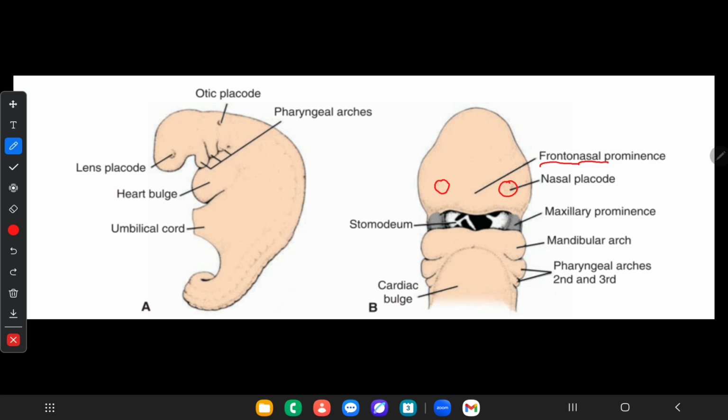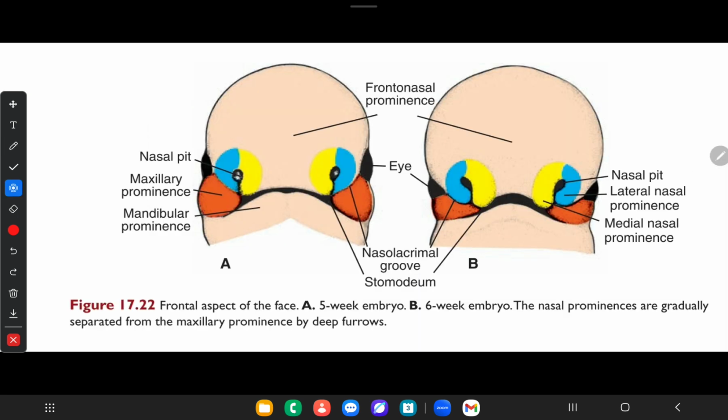Then, during the fifth week, nasal placodes invaginate to form nasal pits. So, these are the nasal pits, which are formed by the invagination of the nasal placodes. After that, they create a ridge of tissue that surrounds each pit and forms nasal prominences.